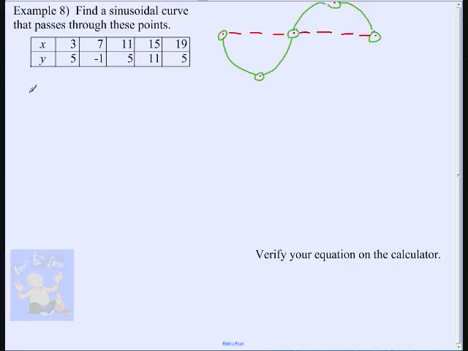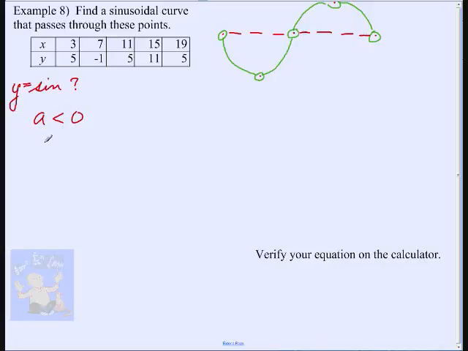So it'll be sine, y equals sine of x, but it isn't normal. It is reflected. So my a is less than 0. It's going to be a negative.